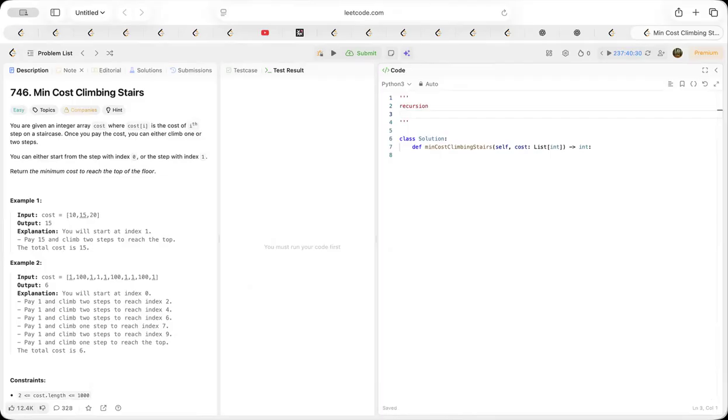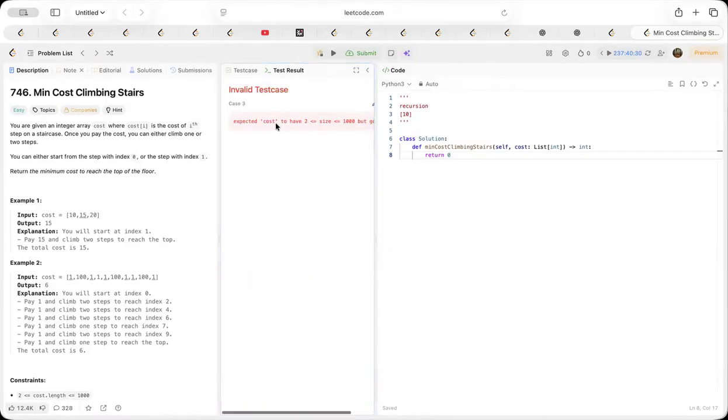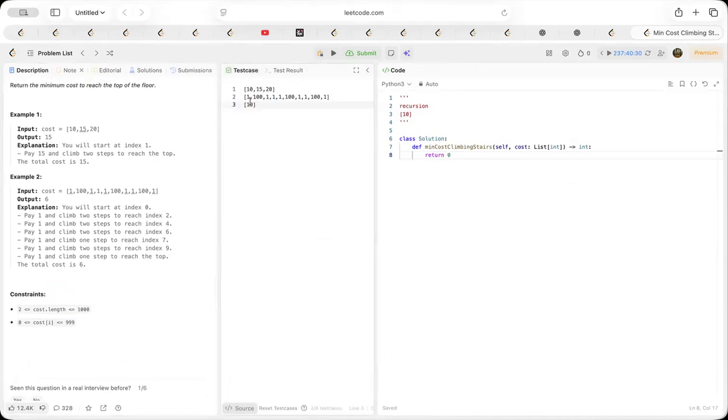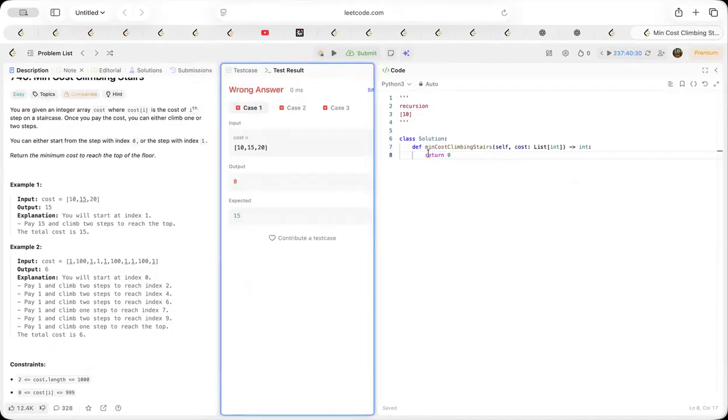What would be the state? I have only one. And what would be the cost? You have to start from index 0 or 1, so you must have two values at least.